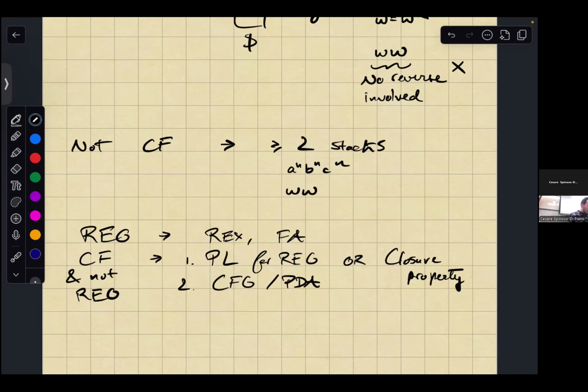Okay. And then if you're claiming that it's even outside the realm of context-free languages, then you have no choice but to give a pumping lemma argument for context-free languages.